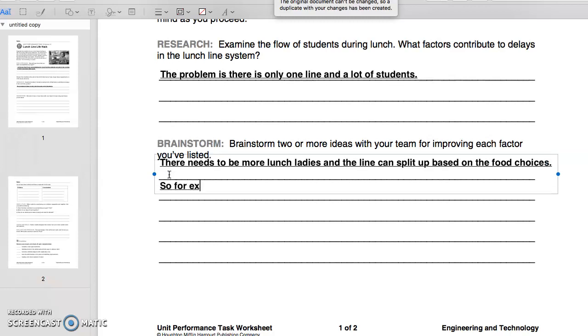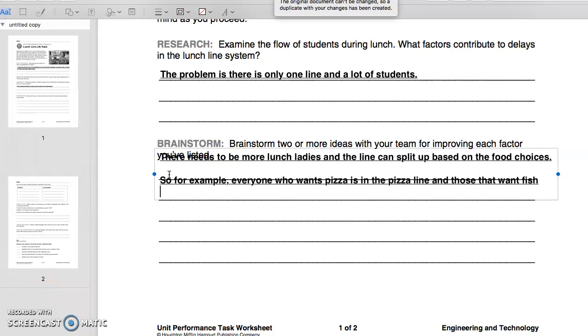So, for example, everyone who wants pizza is in the pizza line, and those that want fish sticks are in a different fish stick line. Right?